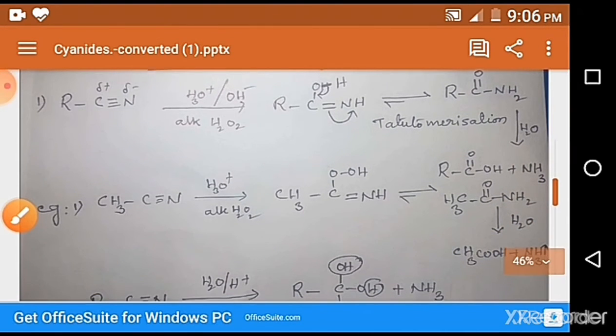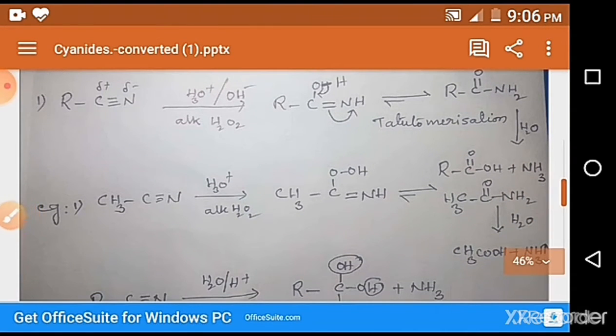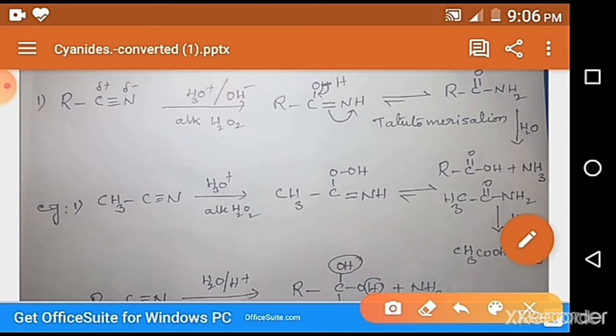For example, methyl cyanide reacts with water in the presence of alkaline H2O2. This gives an enol. This enol, on undergoing tautomerization, gives an amide. That means we get amides from cyanides.